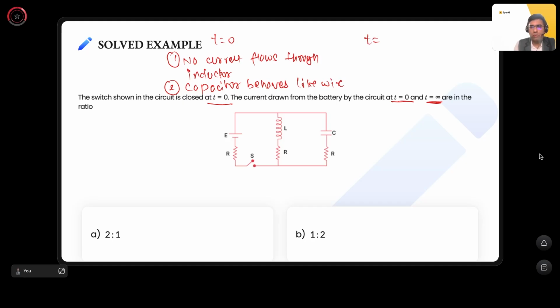At t equal to infinity, what will happen? The opposite of these two, that inductor will behave like a wire, and the capacitor, through the capacitor, there will be no current. No current flows through the capacitor.